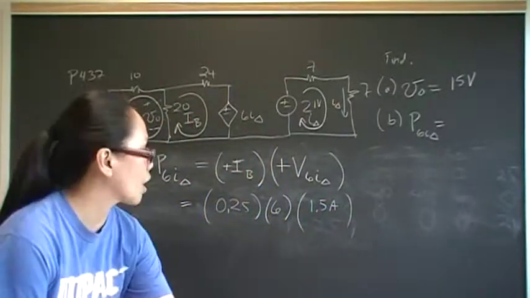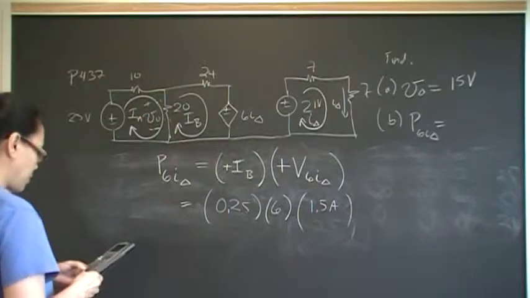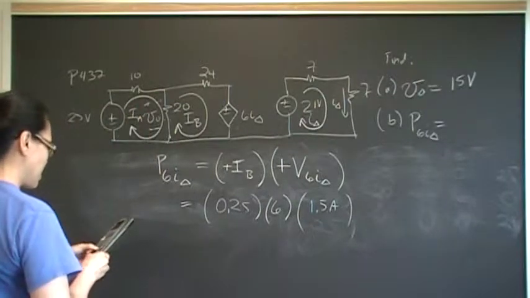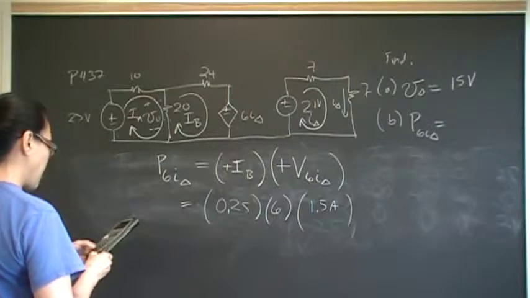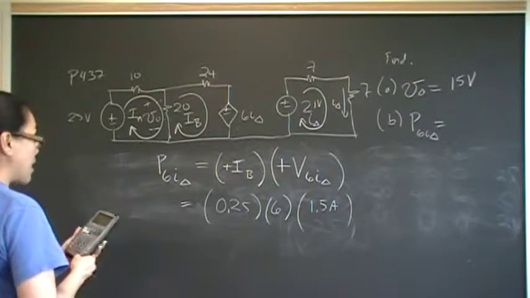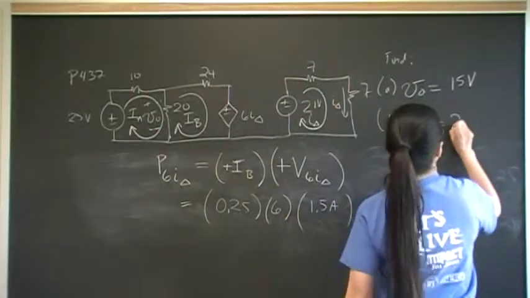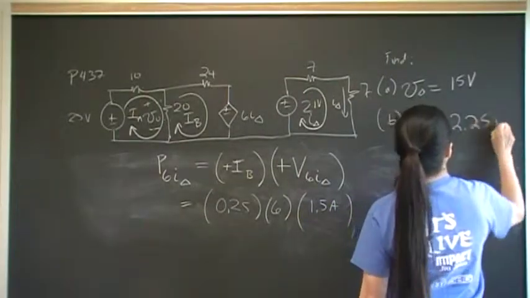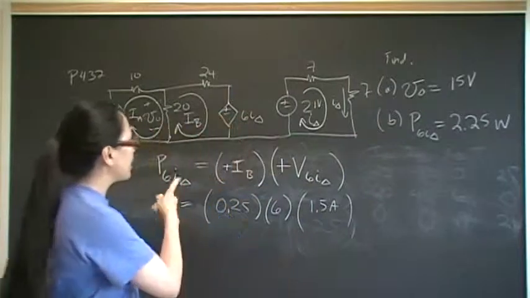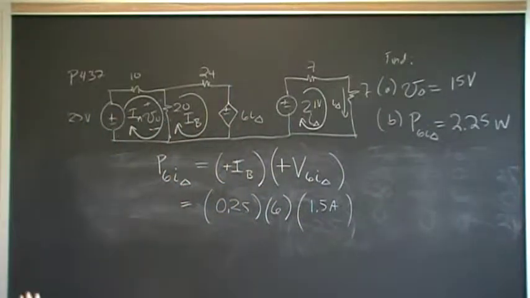So we're going to go 0.25 times 6 times 1.5, and it gives me positive 2.25 watts. So that tells me this particular circuit element is receiving a charge from the independent voltage sources, so it's absorbing power.